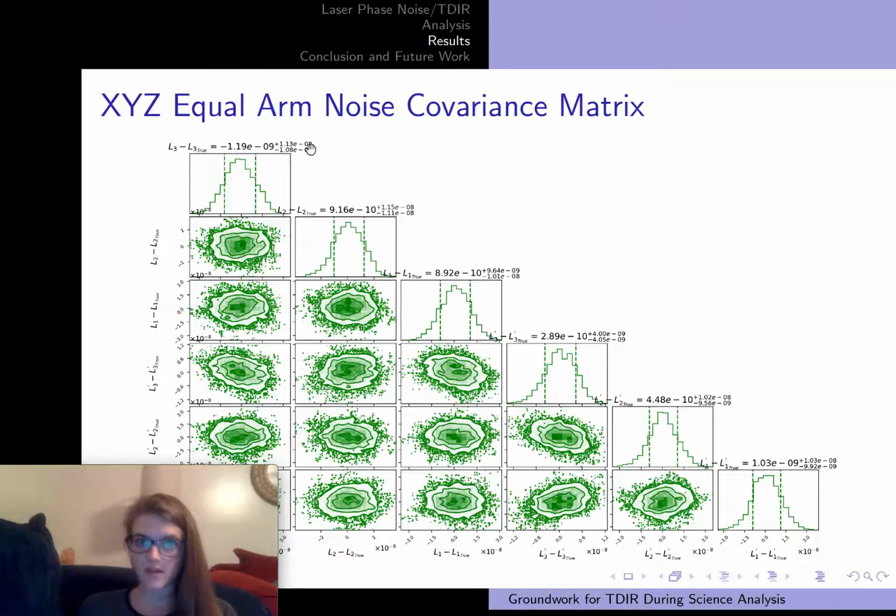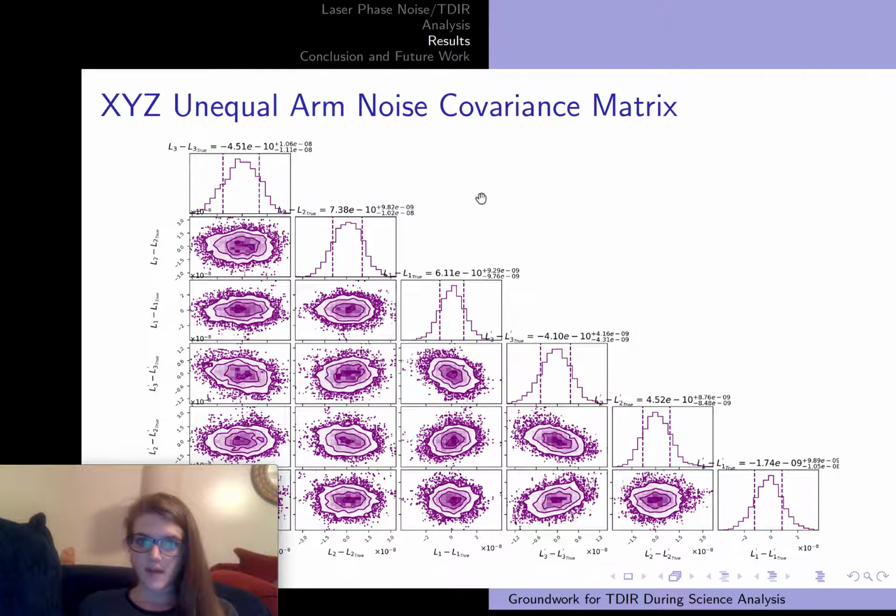You can see here that we are meeting that. A lot of the medians are at a difference of 10 to the minus 9, 10 to the minus 10. So we are doing well there, and the 1 sigma uncertainties are also meeting that criteria.